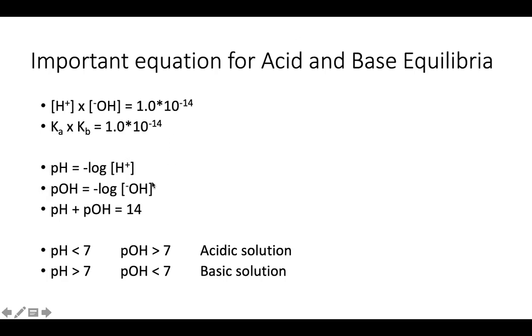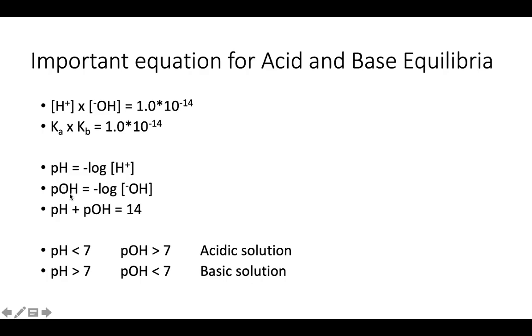Okay, we also learn in this chapter how to solve for pH and pOH. So remember, whenever we see a small p in front of something in chemistry, it means take the negative log of. So pH means take the negative log of our hydrogen concentration, right? pOH stands for take the negative log of our hydroxide concentration, right?